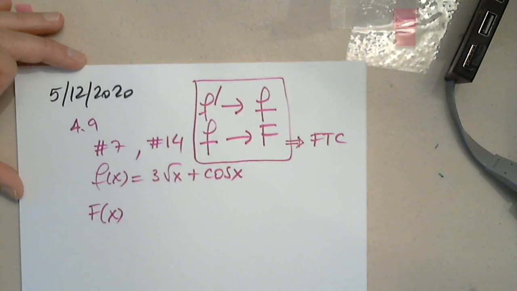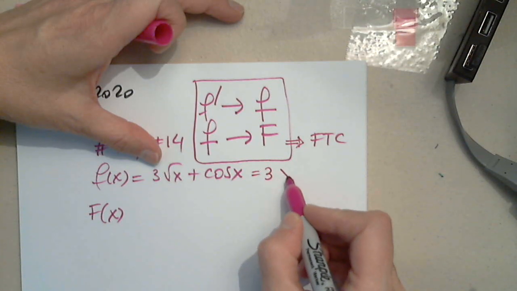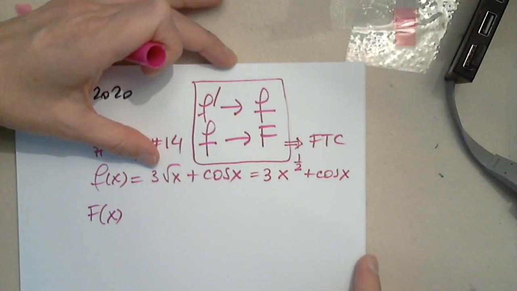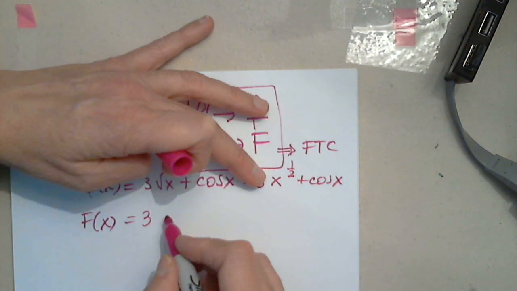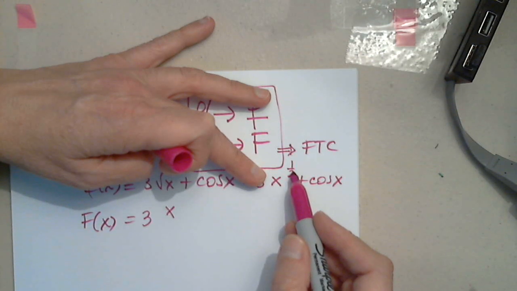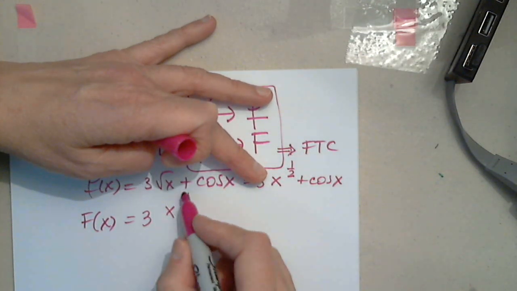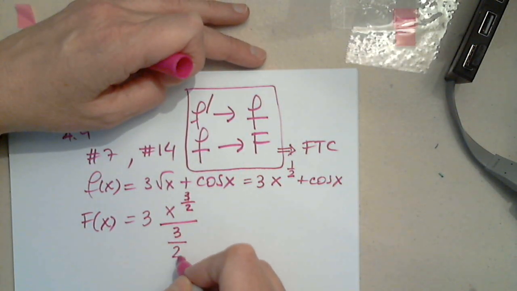Yeah. Okay, so first of all, what I would do here, I will rewrite it as 3x to 1/2 plus cosine x. So now 3 is a constant. I have to increase the power of 1/2 by 1. So it's 1/2 plus 1, which is 3/2. I have to divide by exactly the same number.